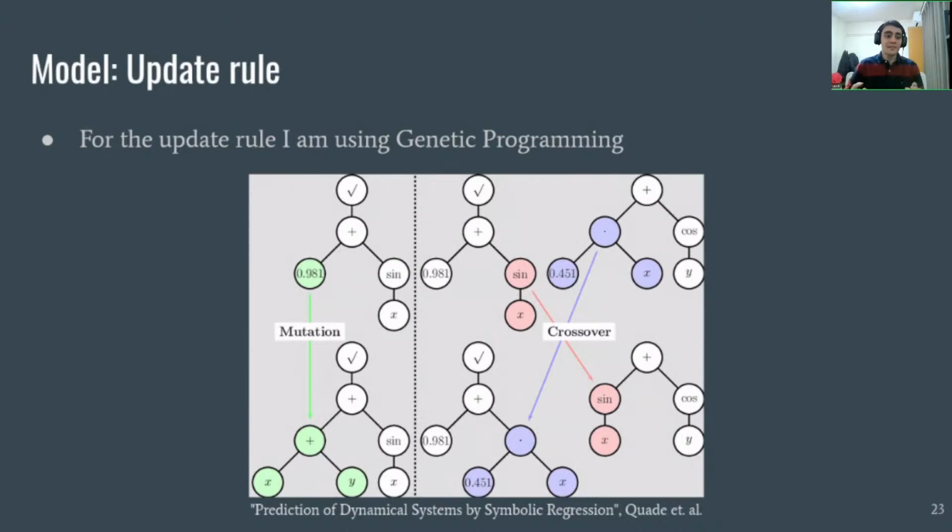Then I can do a process similar to natural selection and select the most fit ones and apply the operations of mutation and crossover. And this is closer to how the phenomenon of morphogenesis emerged in nature. The second reason is that it's a little easier to understand the operations performed by a GP tree when compared to a neural network. And this may make the analysis of the behaviors a little easier.